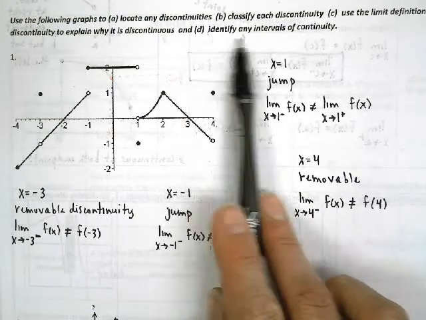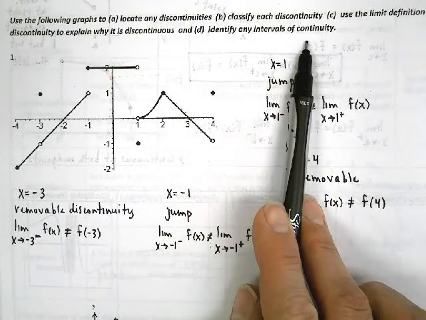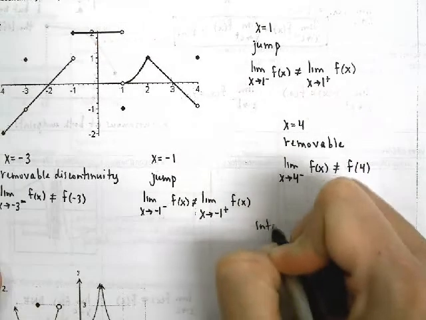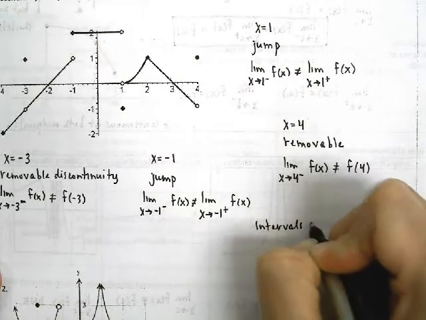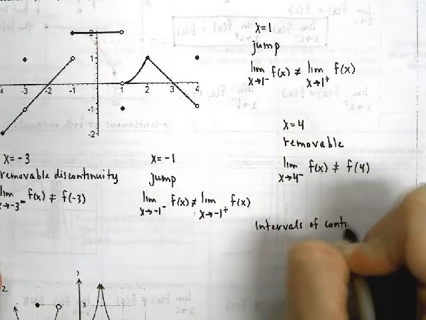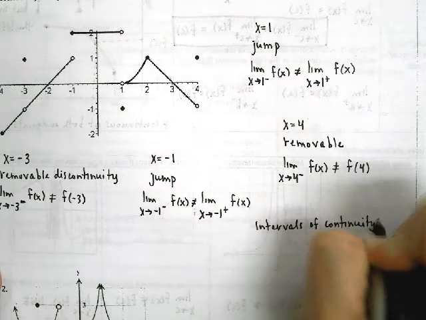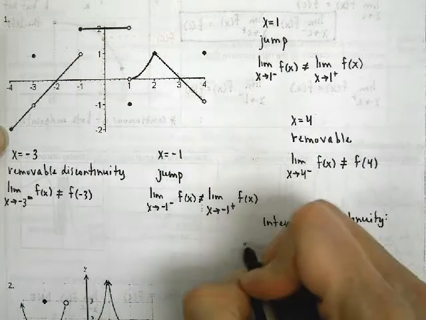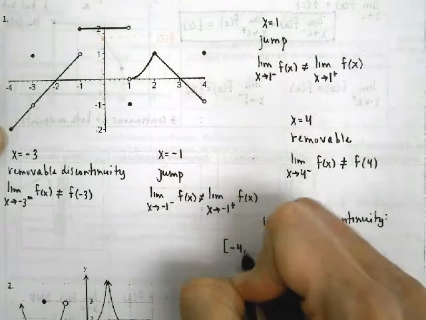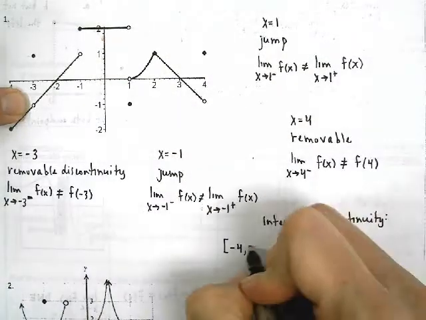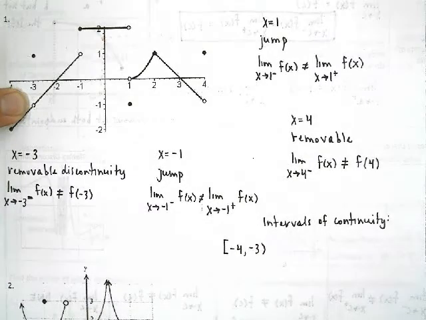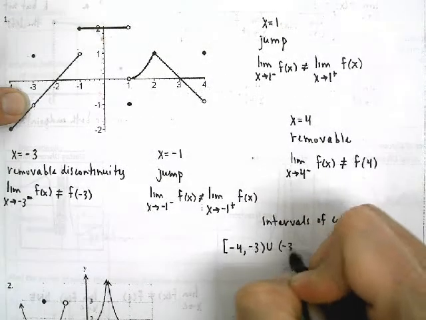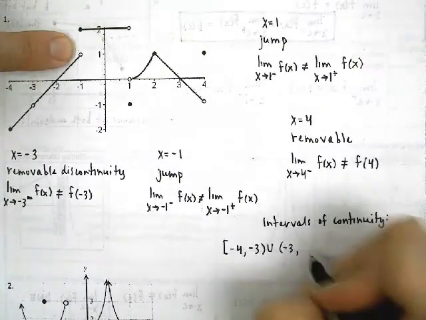So the last thing we're going to do is identify our intervals of continuity. So let's go ahead and do that. Okay, so now I am closed here. So I'm going to say from -4. The first problem I have is at -3, so I'm going to be open on that end. Now my next interval is going to be from -3 to -1.